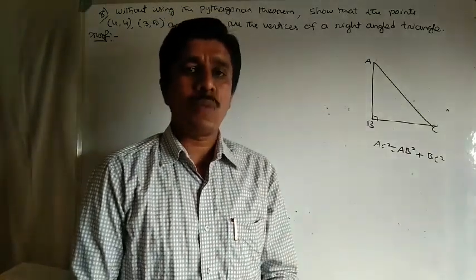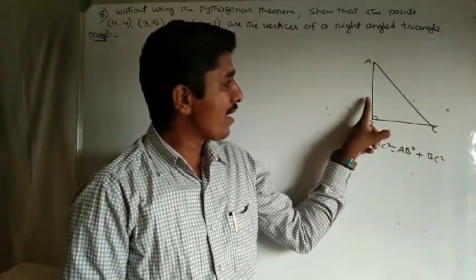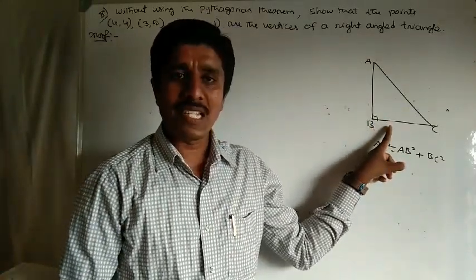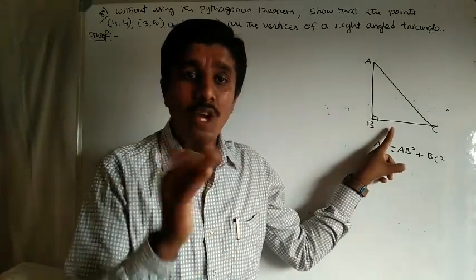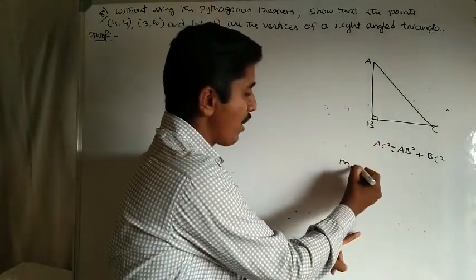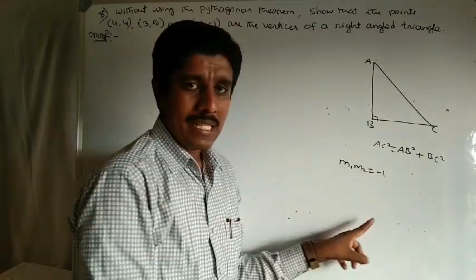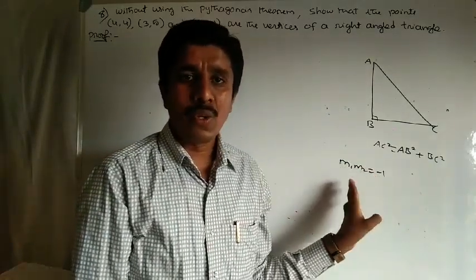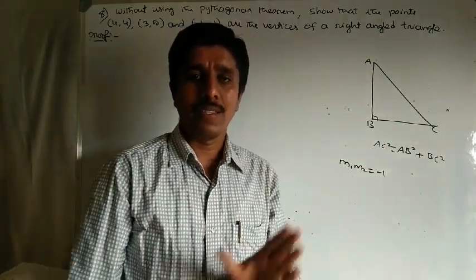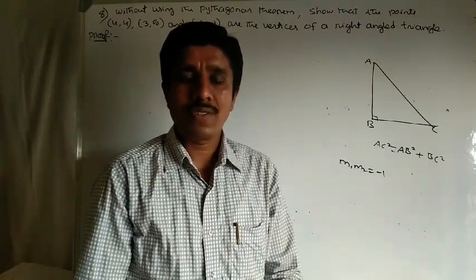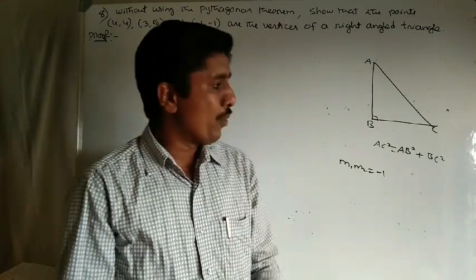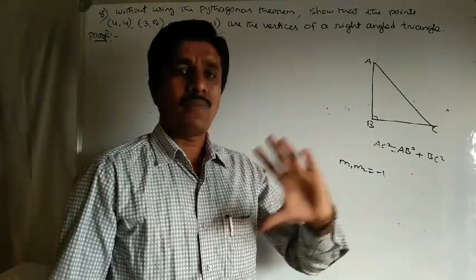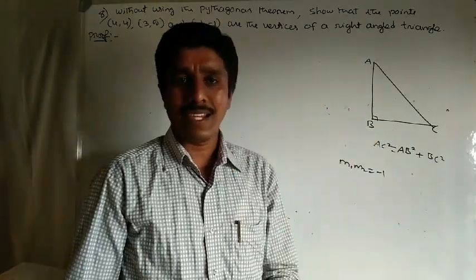But here, by using the slope concept, in a right angle triangle clearly two sides are perpendicular. Means here we have to prove that the product of the slopes equals minus 1, M1 into M2 equal to minus 1. Then we say that two lines are perpendicular, that means the given points are the vertices of a right angle triangle. We don't know which angle is 90 degrees. After proving, we can say which angle is 90 degrees.